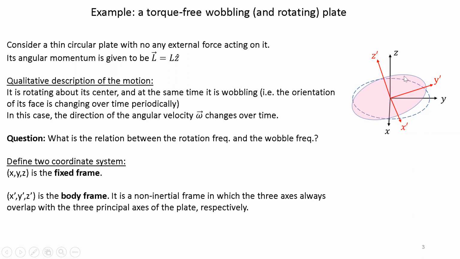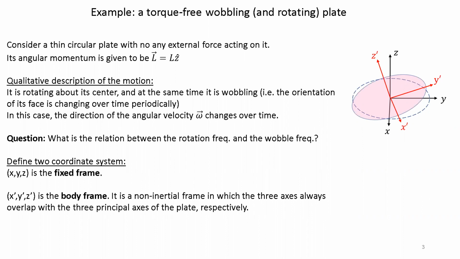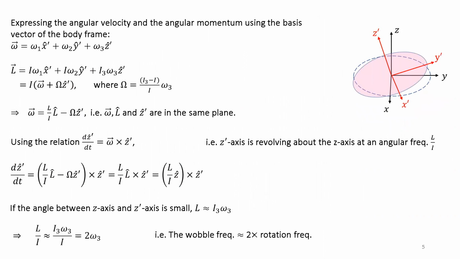So it is a rotating frame, but the rotation vector itself is also changing over time. That's okay. It is still a rotating frame, and the formulation from the previous chapter will still be useful. I'll show you when we use it. Now let's solve the problem, and I will show you two different ways.